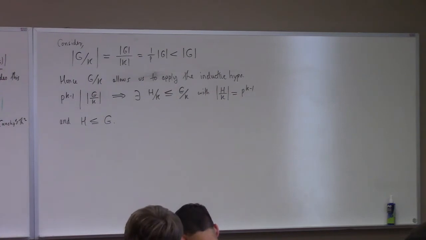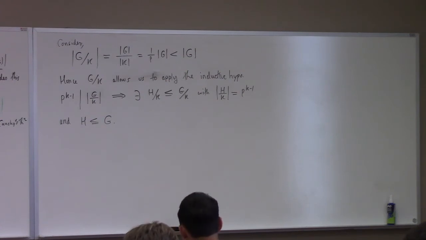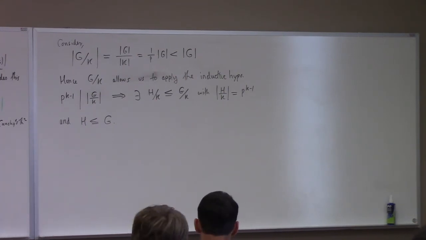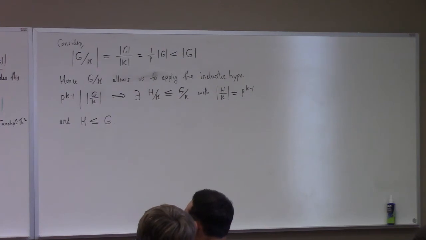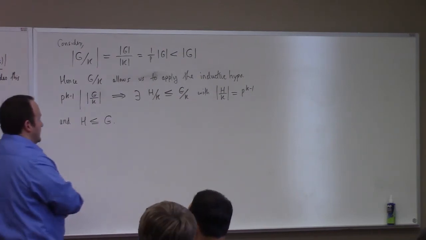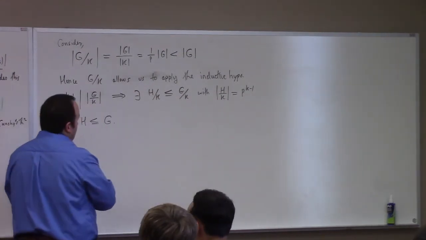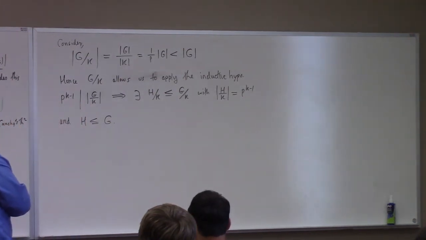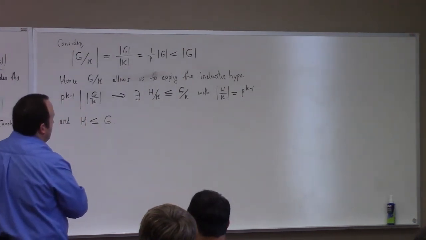What I'm claiming then, by the way, guys, is that every subgroup of the factor group appears in this way. If you have a subgroup of a factor group, you can understand it as the quotient of a subgroup of the group by the thing you're factoring. I think that's something we proved earlier. If not, it's something we ought to prove.